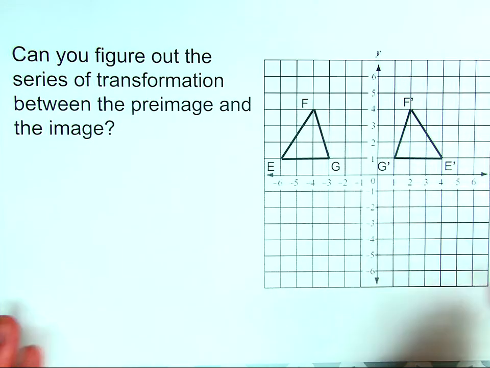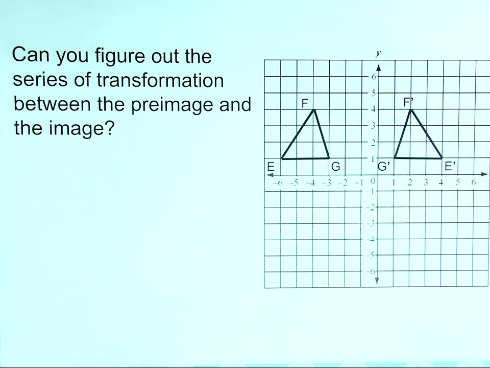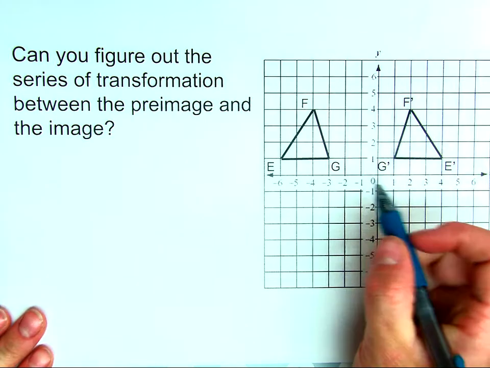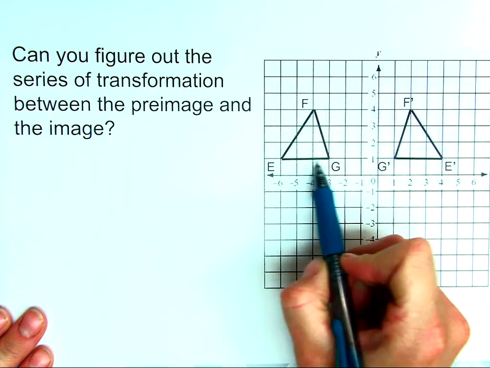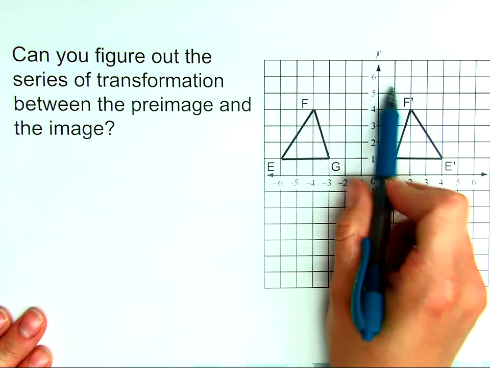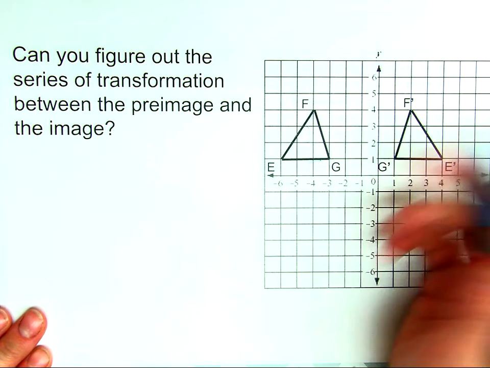So I didn't just reflect over the y-axis, I also probably have a translation in there. There's more than one way to write a series. Oftentimes there's not just one that could have been performed. So as long as yours checks out and makes sense, you should be good. Make sure you're always telling me to go from the pre-image to the image. If you go backwards, you're going to lose points there.